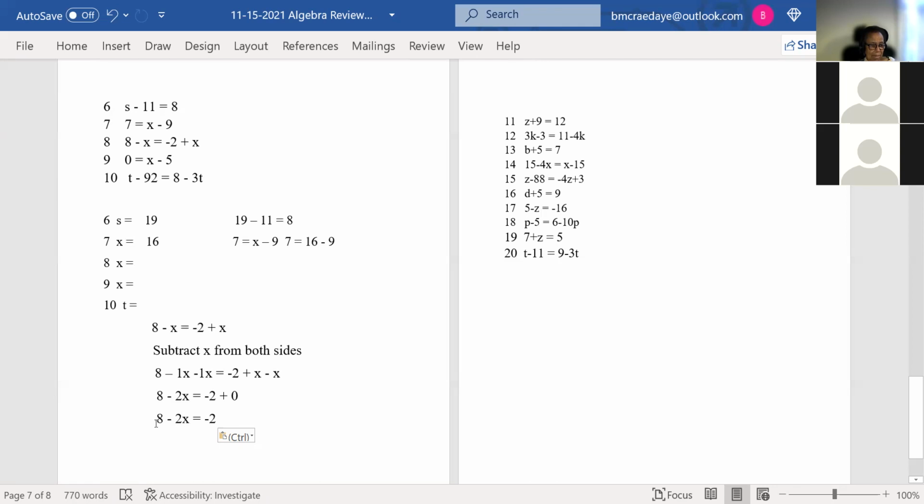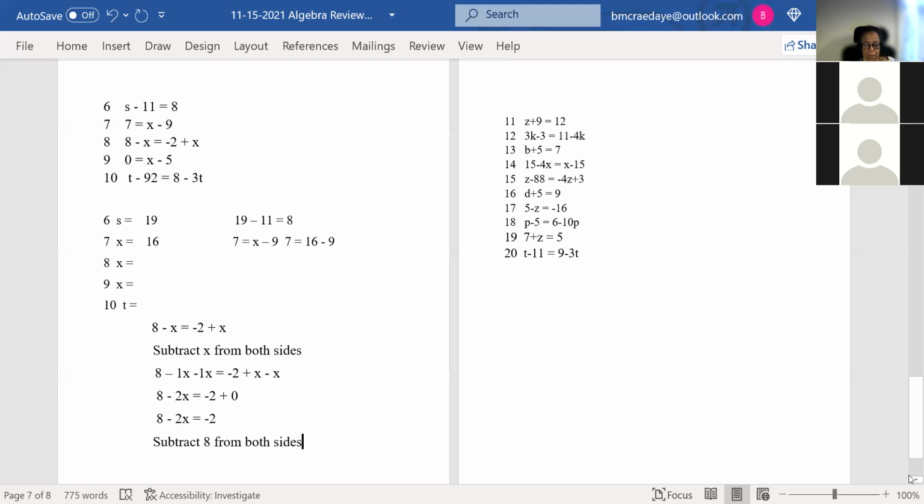That's a plus 8. So in order to get the 8 on the right, I have to do the opposite. The opposite would be subtraction. So subtract 8 from both sides.